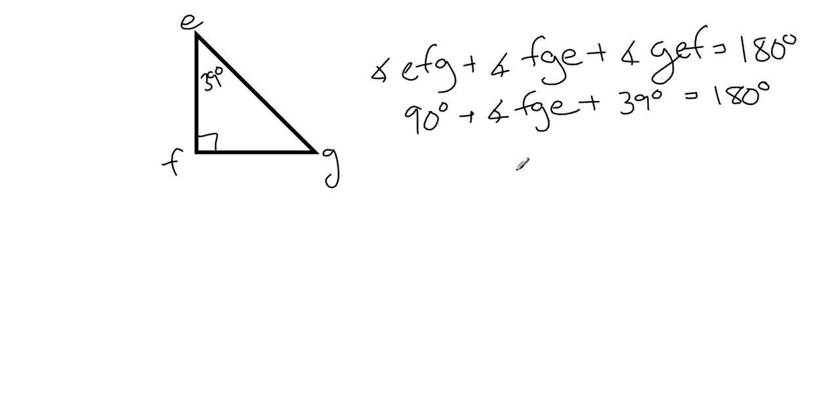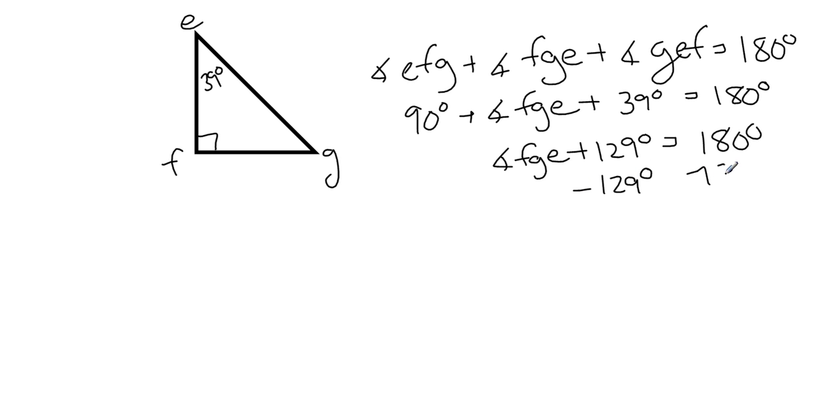We can add these two together. Angle FGE plus 129 degrees is equal to 180. I wish it would stop doing that to my equal signs. And then we can get FGE by itself by taking away 129 degrees.